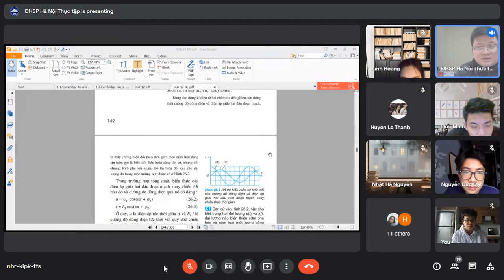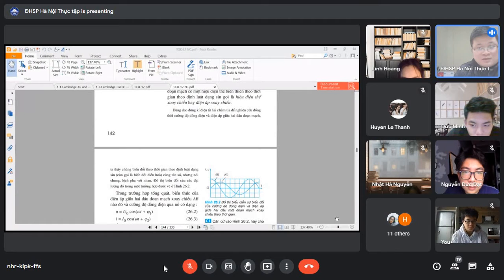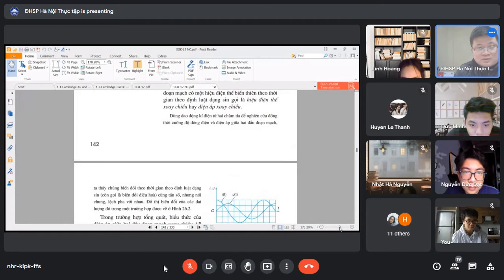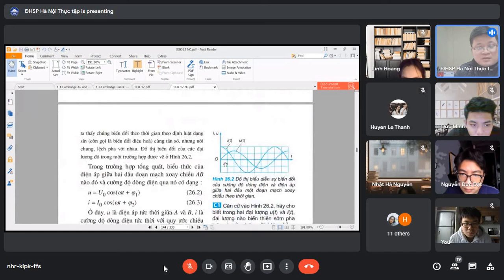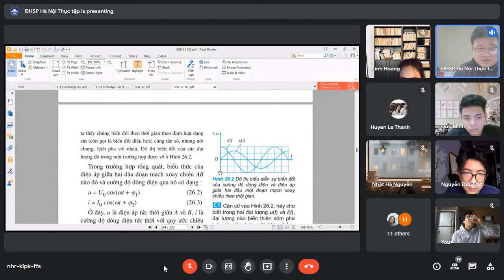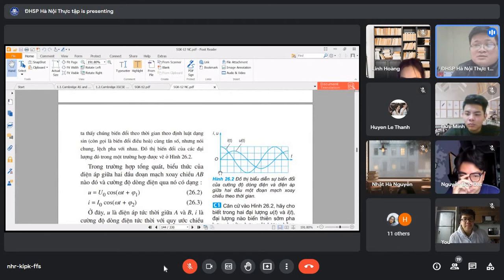You can see the I: as time goes from O, the current reduces, continues to reduce to zero, and then increases again, but with a negative value. So it means it changed direction.